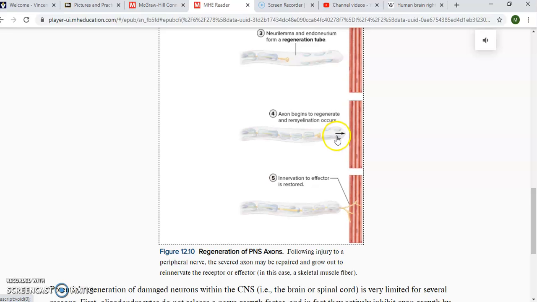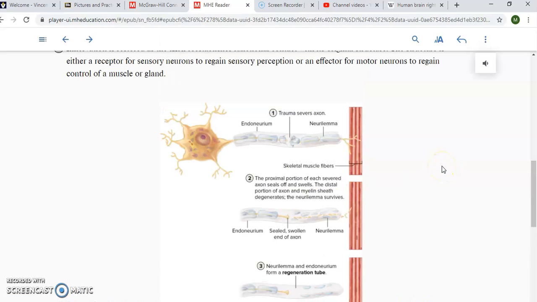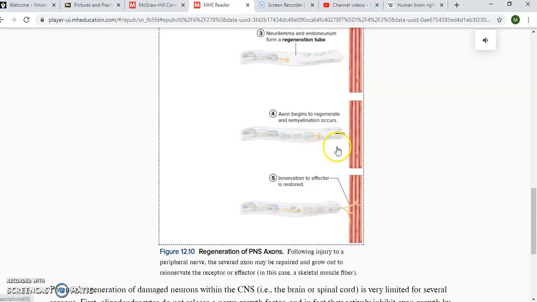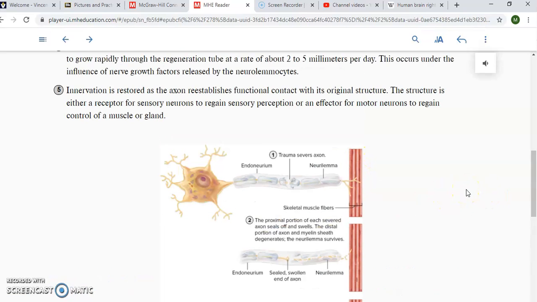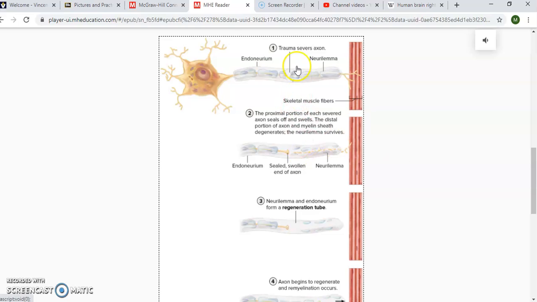And then again, over time, this is probably going to take longer than days, probably take weeks or so, for that axon to regenerate and make its way to its skeletal muscle fiber in this case and establish a connection again. So this regeneration of the peripheral nervous system axons is possible. It does depend on the severity of the injury and also the distance between the injury and the structure that's being innervated by that neuron.